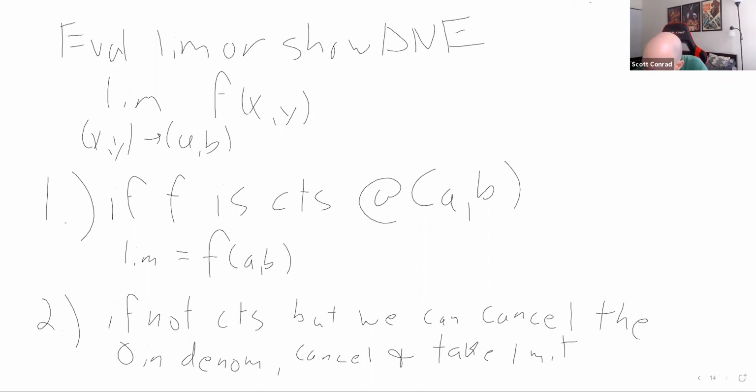So if you have f times g over f, and if f at the point is 0, but you can cancel that top and bottom, and you're left with a continuous thing g, then you take the limit as g approaches a, b. If you're left with a continuous thing after the cancellation, then you just treat it like number 1.